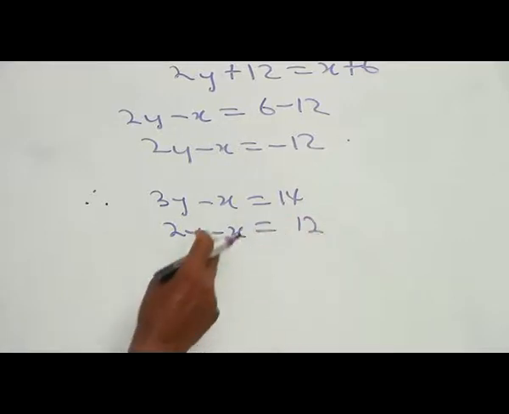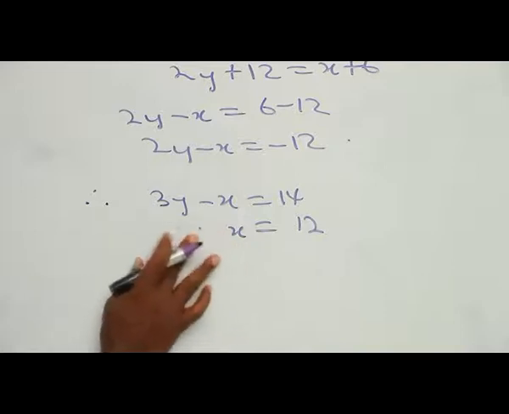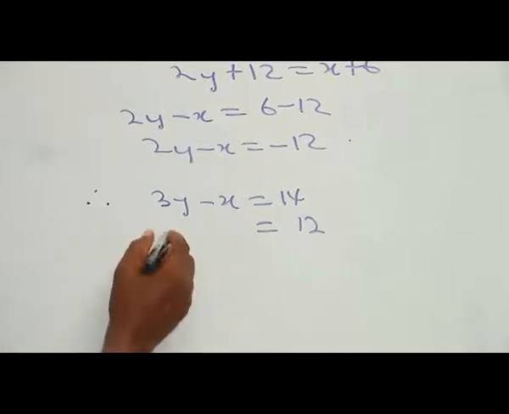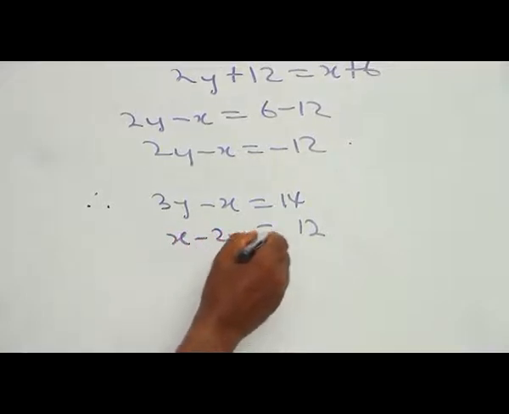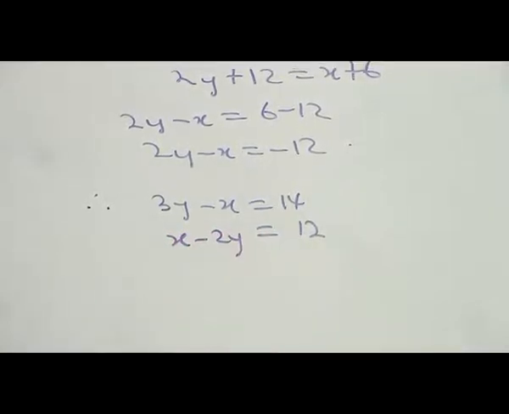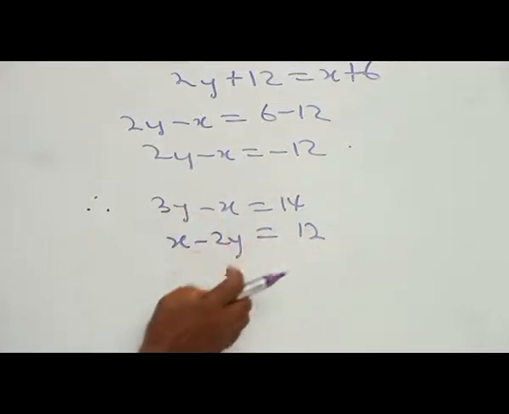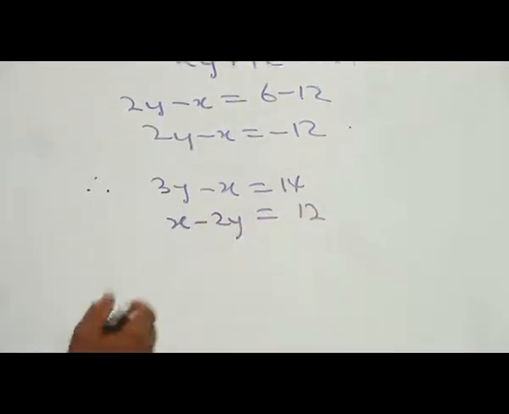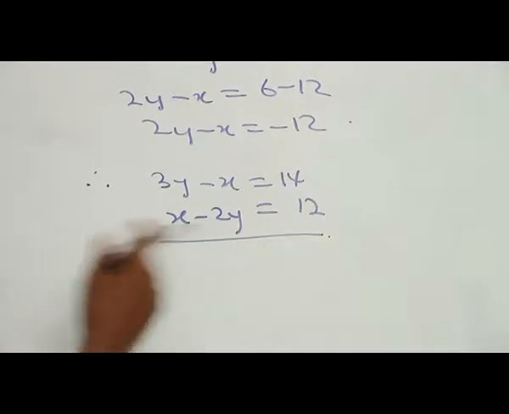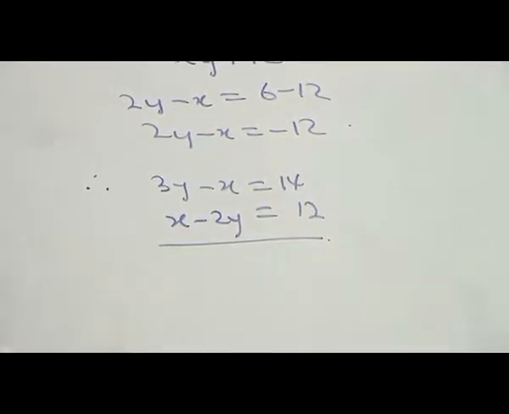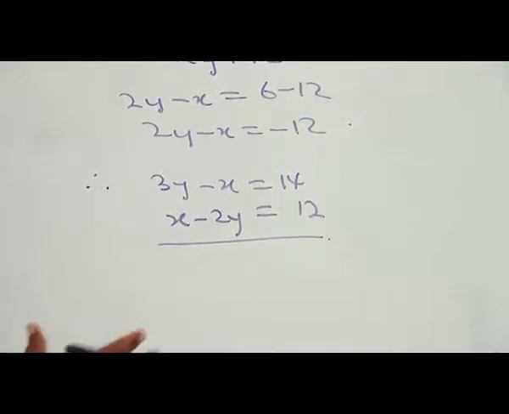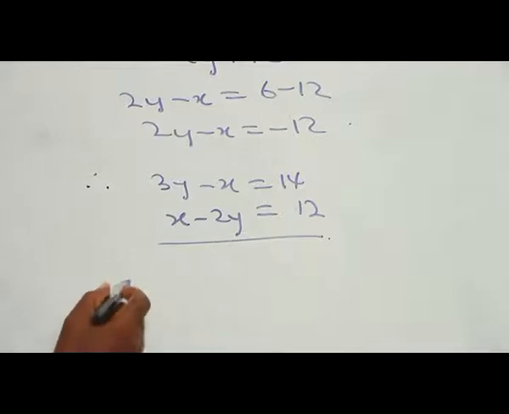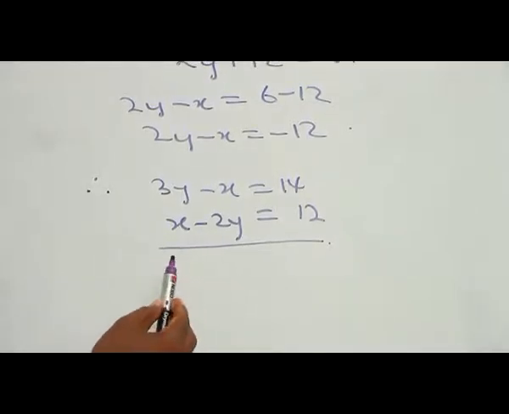Instead of writing minus 12 there, I will now rewrite this as s minus 2y equal to plus 12. They are just various forms of writing the same solution. You should be conversant with them, just manipulating the minus and plus sign, movement from the right to the left, from the left to the right. Whichever way, you should be conversant with the movement, so that no matter the option that the examiner will give to you, you should be able to pick it out.